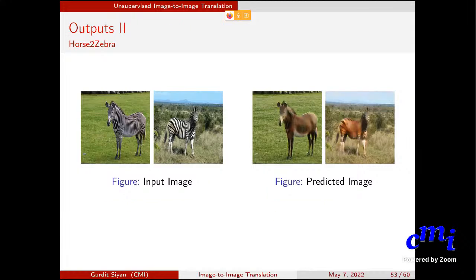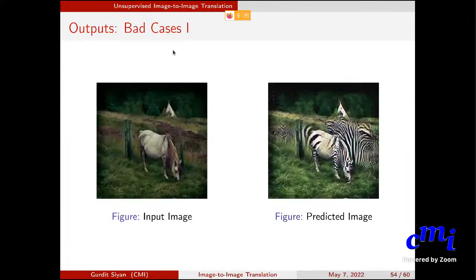And some also bad cases. So this problem is generally one of the problems of the whole model. It cannot really change the shape of the input image. So what it tries to do is kind of like retexturing the image. That's one of the main drawbacks of these models. So we can see here it tries to generate a zebra here. I don't know why.